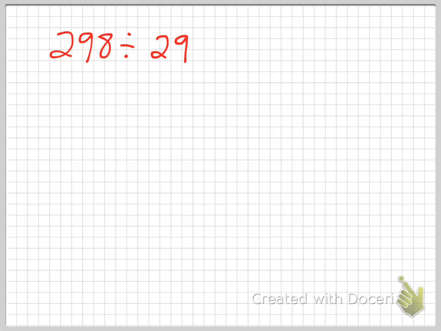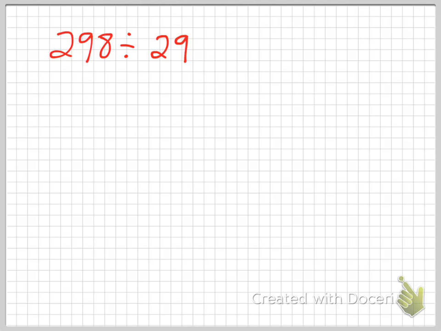It would just depend on what I was doing, right? But let's just say here's our question: 298 divided by 29. How would you estimate this? Remember, what is the point of estimating? It's just to make sure that your answer is close. Make sure that your answer could be right. Does that make sense?